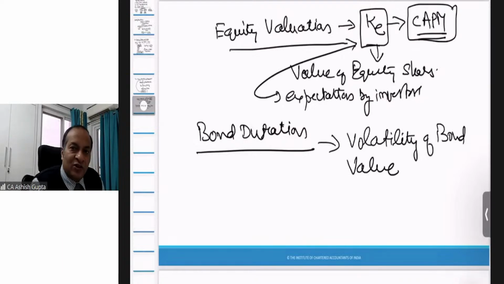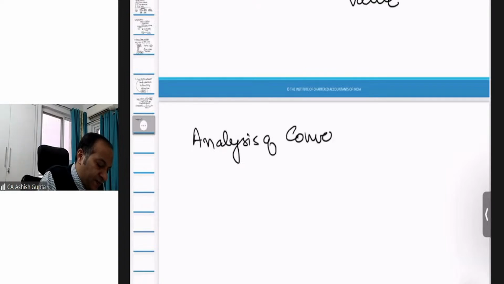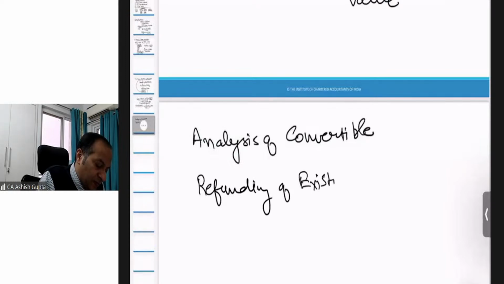Right now, this is just a hint of what topics we shall discuss. After that, we shall come to the analysis of convertible debentures. Then we shall cover refunding of existing bonds and issue of new bonds.